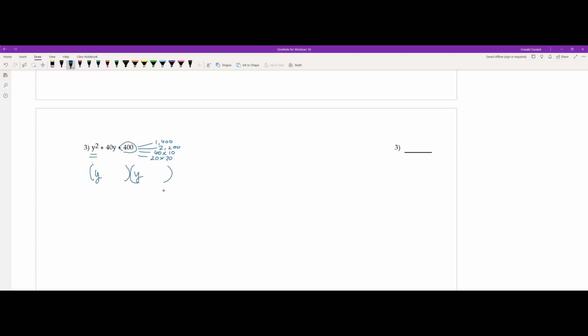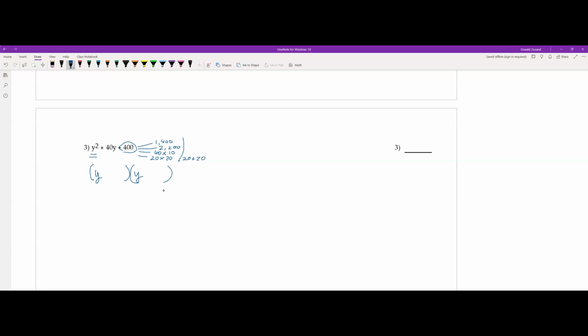Now, since they're all positive, it's fine. I want the sum of those products to be equal to 40. So 1 plus 400 is not going to give me that sum of 40. 40 times 10, no. It's only the 20 plus 20 that's going to give me the 40.